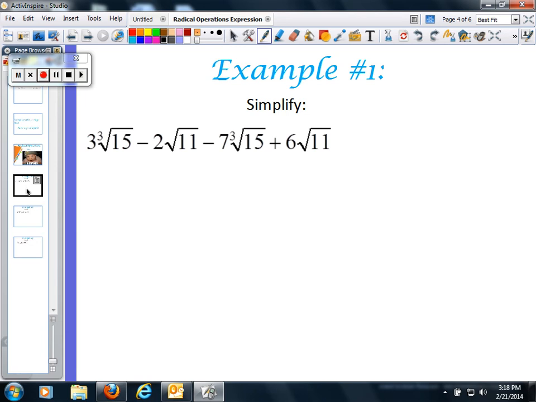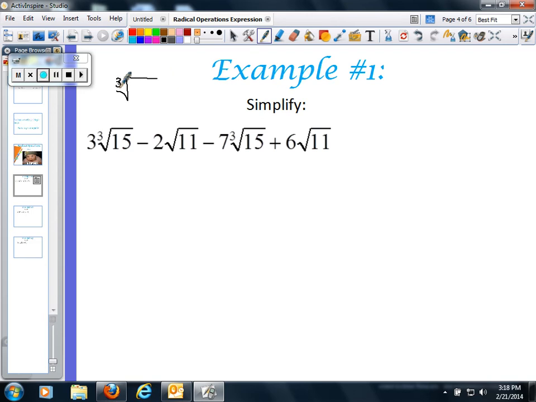You take an expression like 3, now just so you're aware, this is a square root, that's what you call standard form. But there are other radicals that are not square roots and they have a different representation of their meaning. So this is a square root.